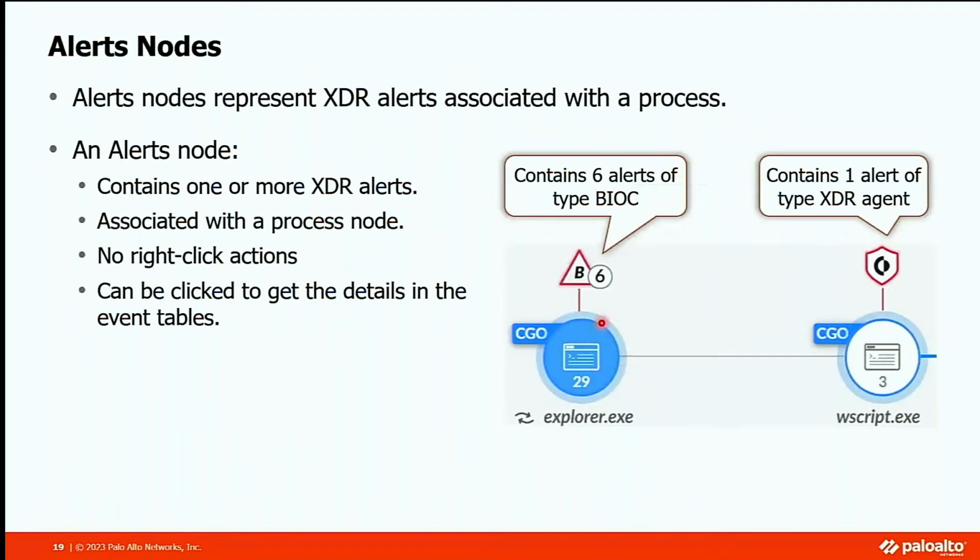All right, so again, we have different alert node types to review. The XDR agent alert node, no number, there's one alert, where wscript.exe is the CGO. If we look at Explorer, and above Explorer here in this example, there are 6 BIOC alerts.